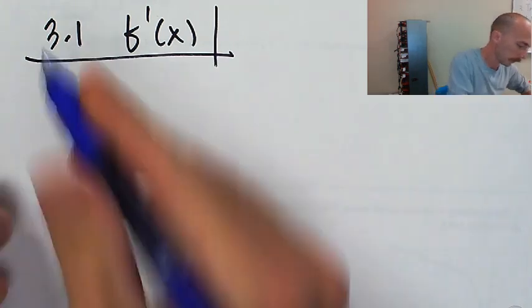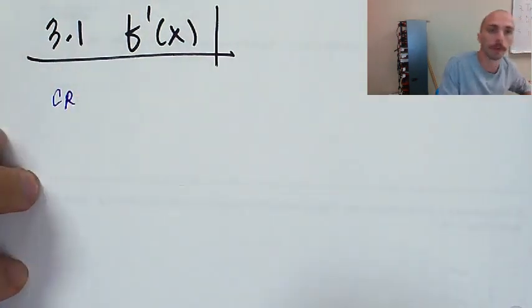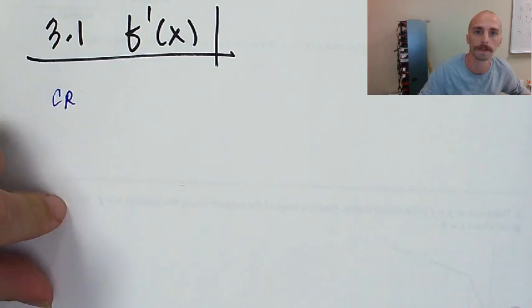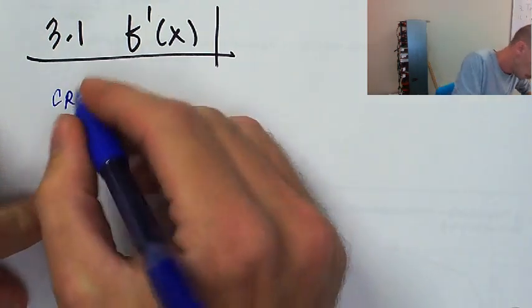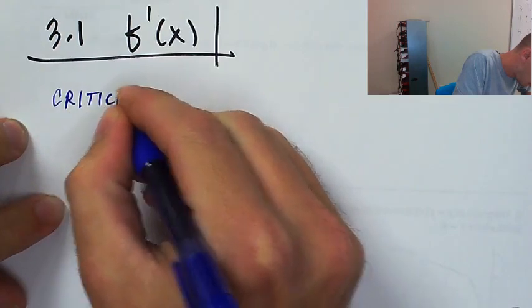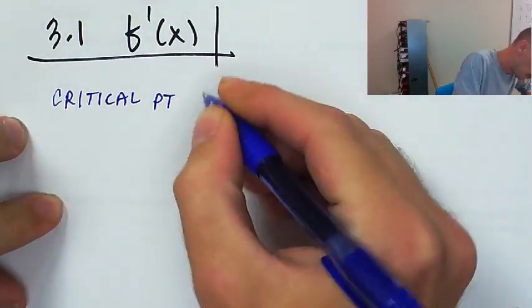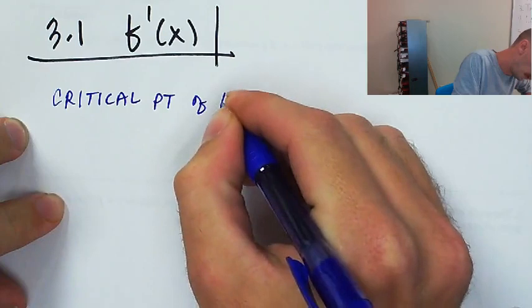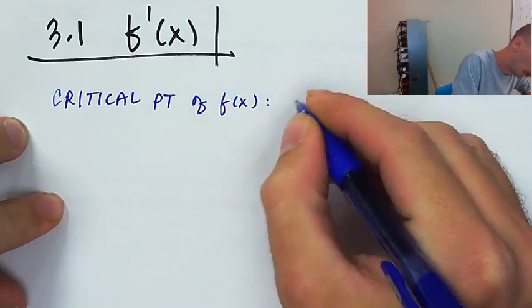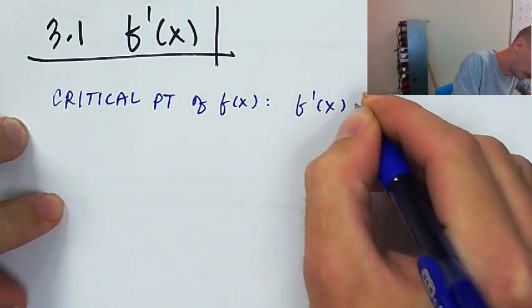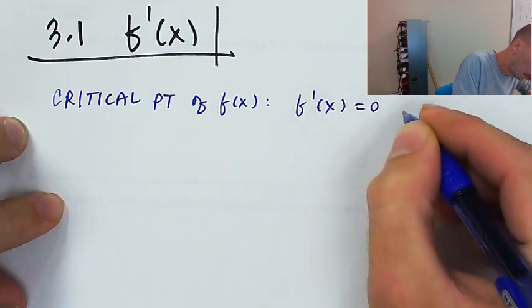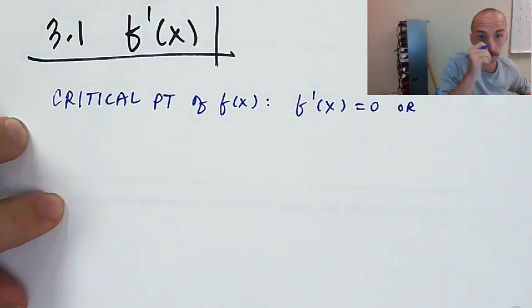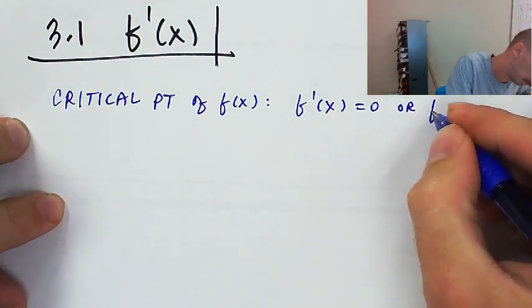So remember that a critical point is a place where the derivative is 0 or undefined. A critical point of a function f is where f prime of x is either equal to 0 or f prime of x doesn't exist.